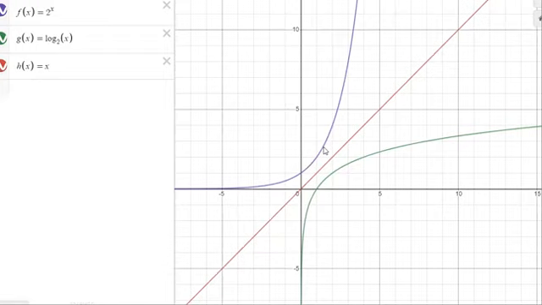So if I was to take that purple function, this curve right here, and I was to reflect it over this red line, I would get this green curve, the logarithmic counterpart. So exponential functions and logarithmic functions are opposites of each other, or we like to say in math that they're inverses of each other. And that's the point I'm trying to make.